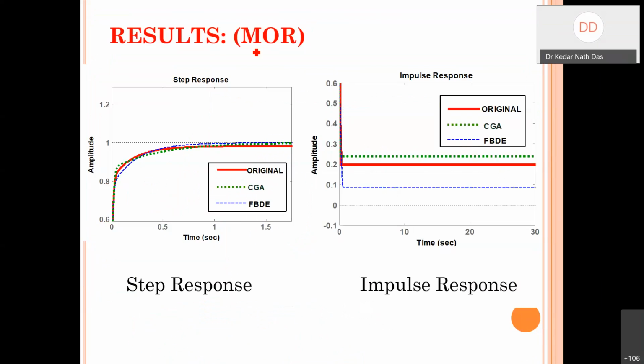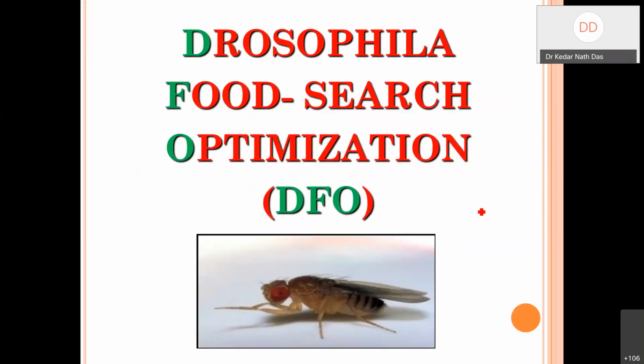It has been used in model reduction, where you can see the step response: the original is the red line, and CGA is the green line, which comes closer towards it. Similarly, the red and blue lines for the impulse response also come closer to each other in the electrical system model reduction problem. Similarly, new design techniques are also sometimes very useful.